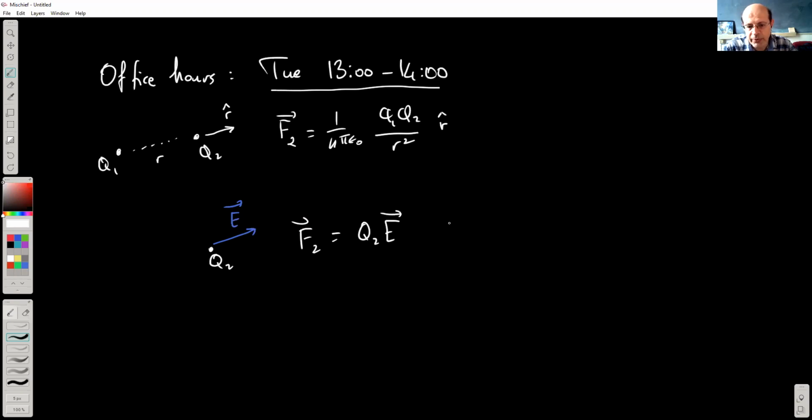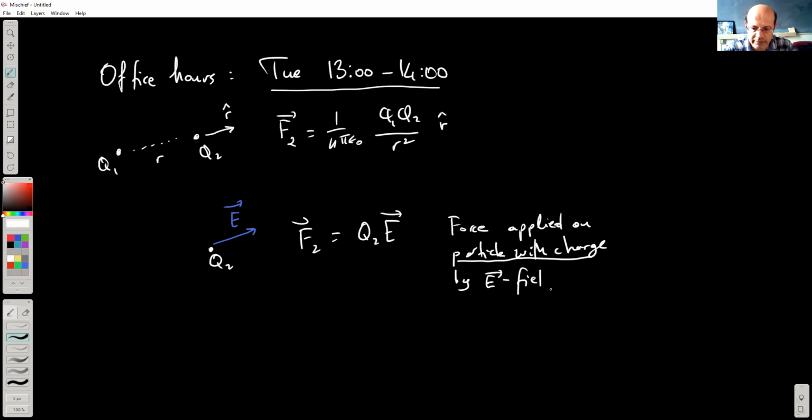So that's basically the force applied on a particle with charge by the electric field.